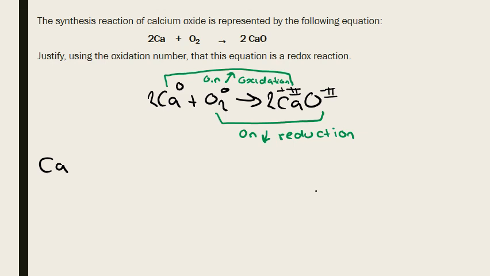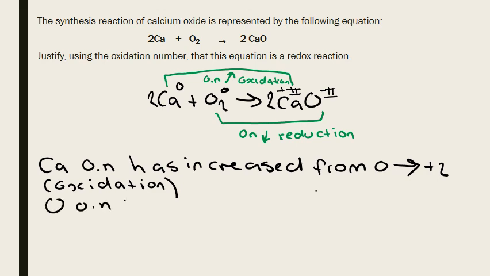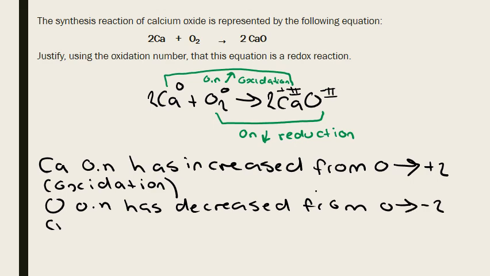In calcium, oxidation number has increased from 0 to +2. Therefore oxidation has occurred. Oxidation is the loss of electrons. For oxygen, oxidation number has decreased from 0 to -2. Therefore reduction has occurred.